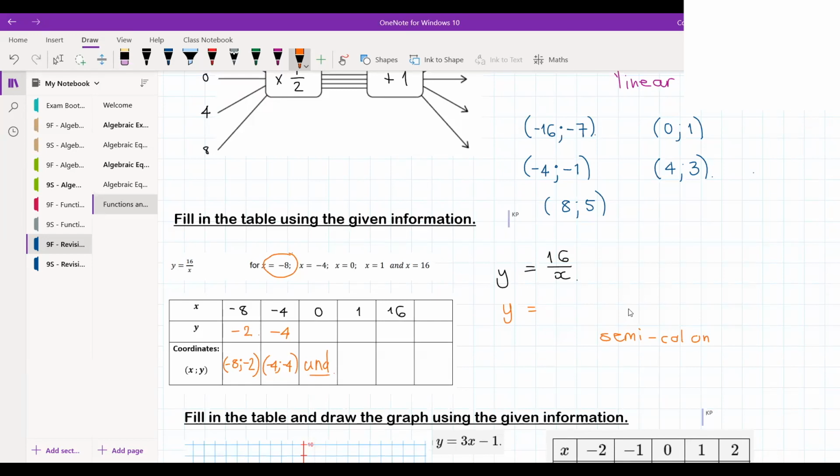It says maths error. So for 0, no value. It's undefined. So we're not going to get coordinates over here. We're just going to write undefined. So you're not wrong. You just weren't sure if you were doing the right thing. Anything divided by 0 is always going to be undefined. Yes?